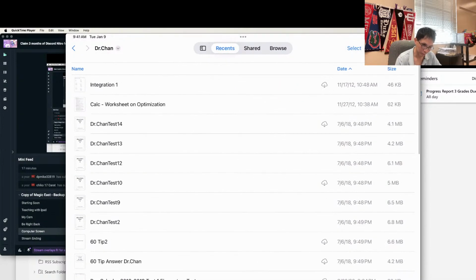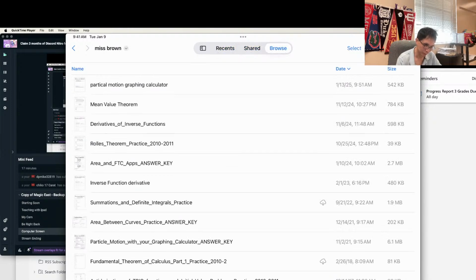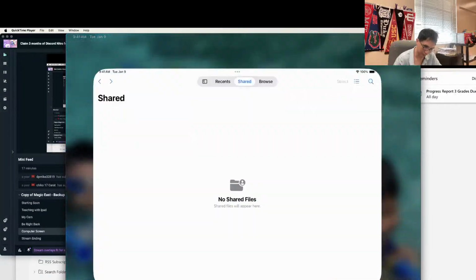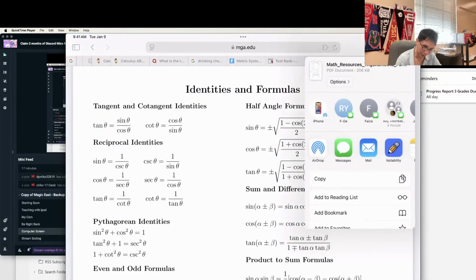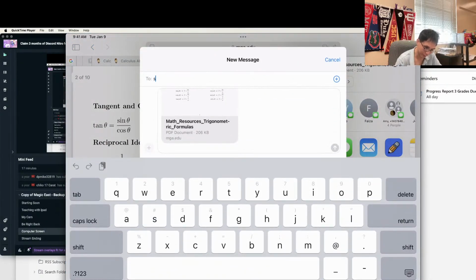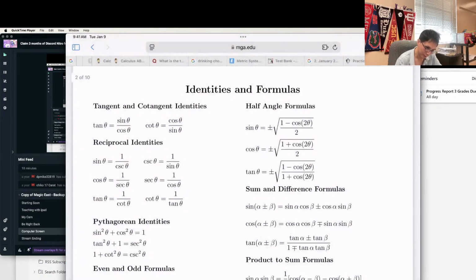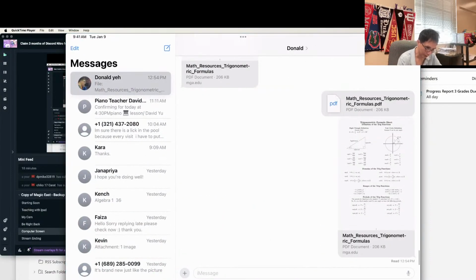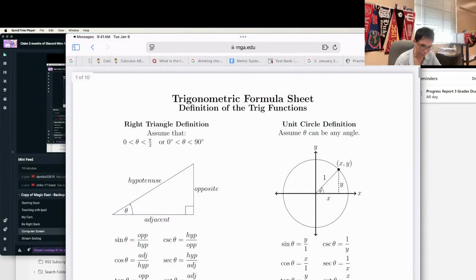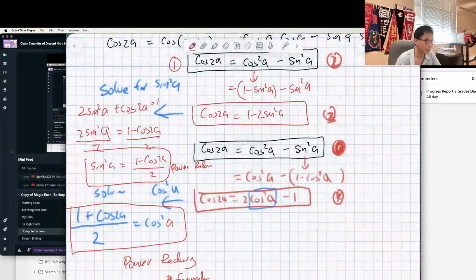Since it might be harmful to my... No. Don't know what that is. Hold on, I'll try this again. I'll email it to myself. Actually, I just saved it on the phone here. That'll be easier. Can somebody answer that phone?